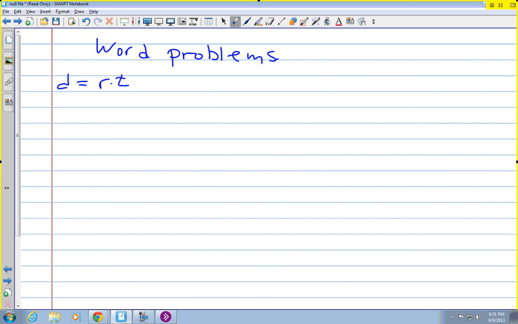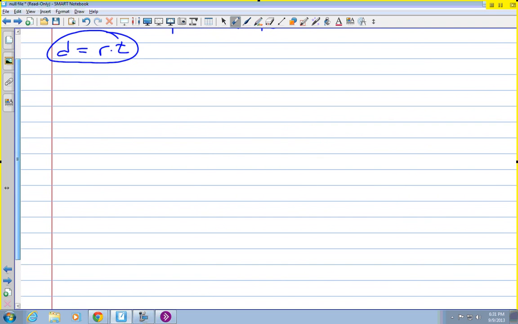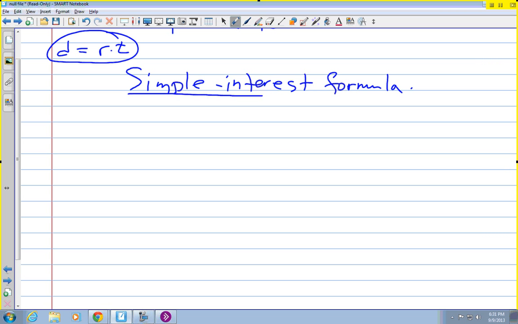Distance equals, okay. Now, the formula that I'll give you today is called the simple interest formula. We'll come back to interest again later. We'll have 3 ways to compute interest in this class, and we'll just start with simple interest in this chapter.